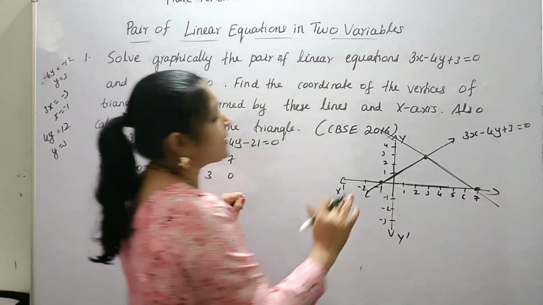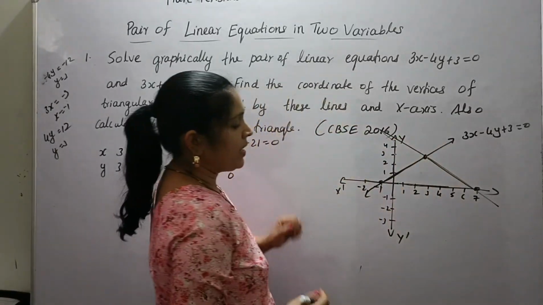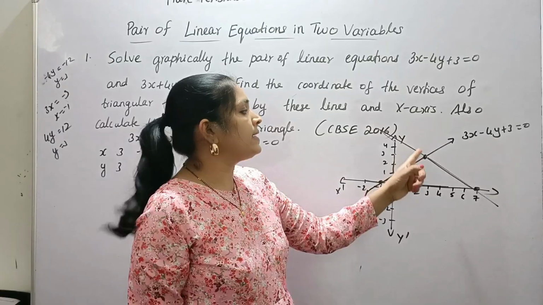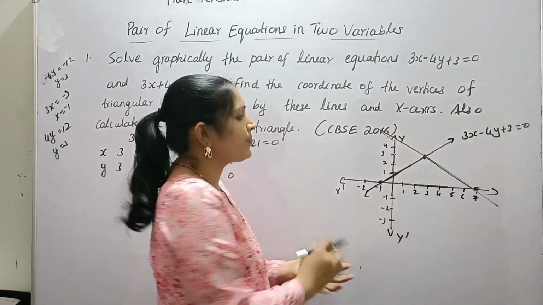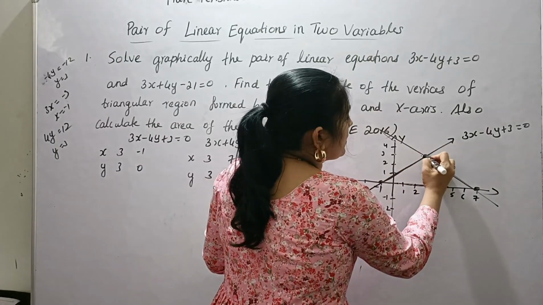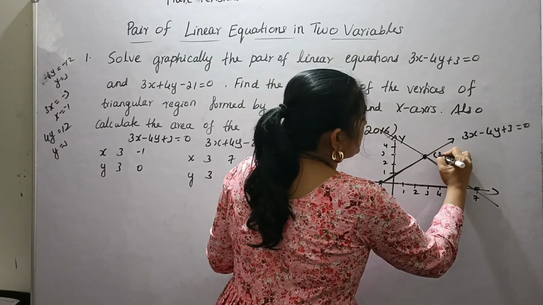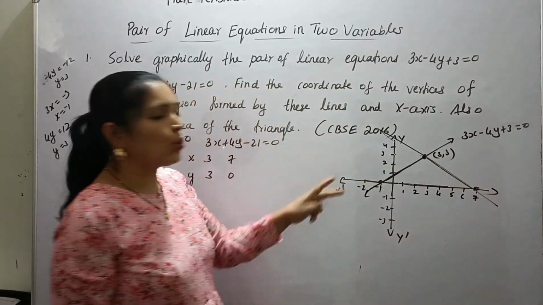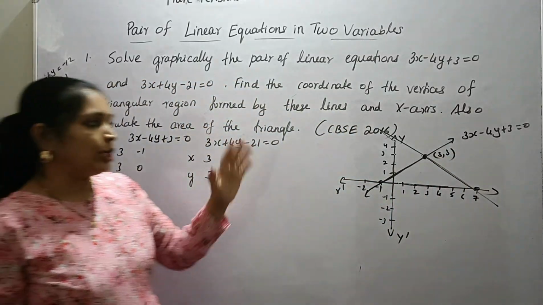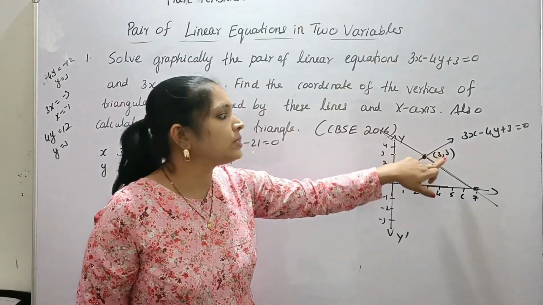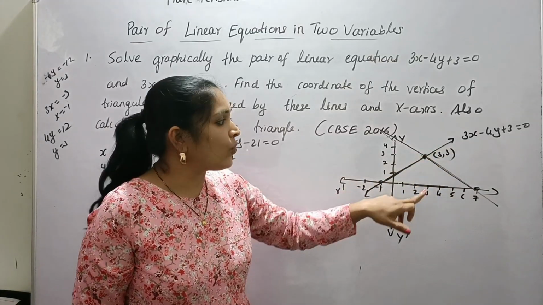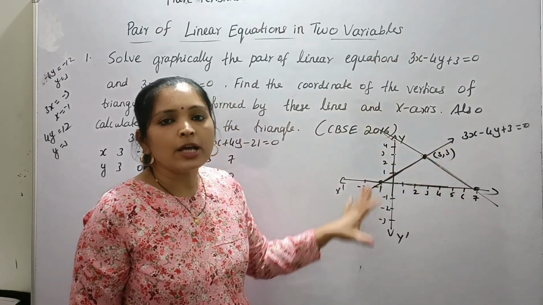Now first of all, let's find the solution. See, these two lines intersect at a point. What is this point? 3, 3. These two lines intersect each other at the point 3, 3. Therefore, this 3, 3 is a solution.